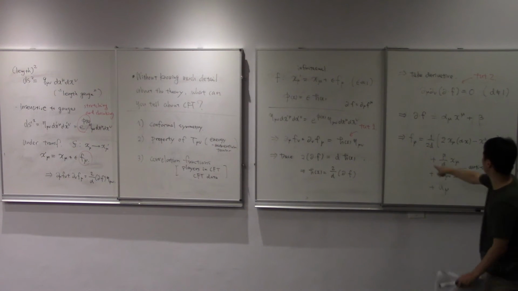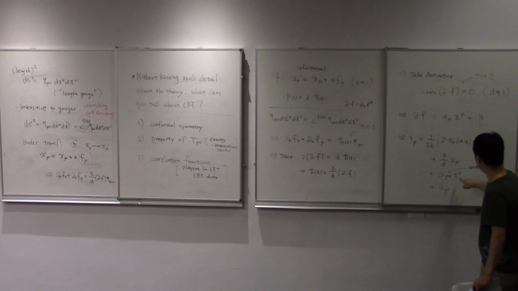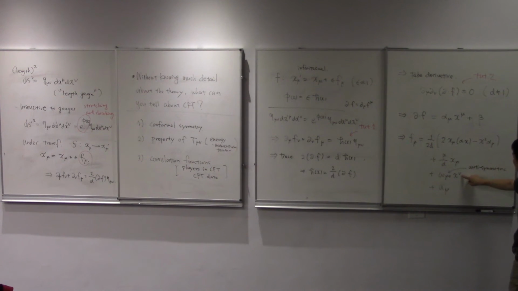If you take the derivative, this index nu becomes mu, and if it's anti-symmetric, it vanishes identically. And then you have a constant, the integration constant.